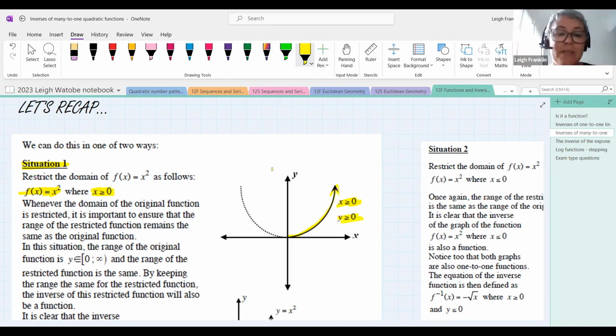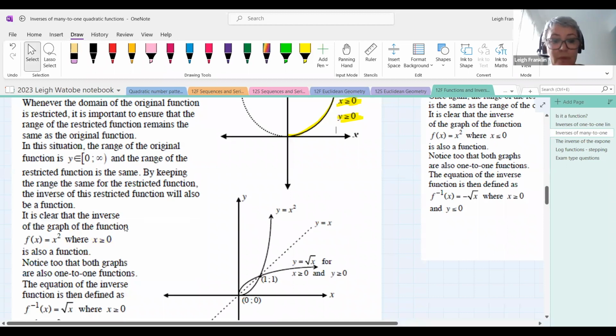Essentially, the parabola has lost one of its arms. That bit that is now a dotted line is no longer there. So we've restricted the domain. We now only have one arm of the parabola, which I have highlighted in yellow for you.